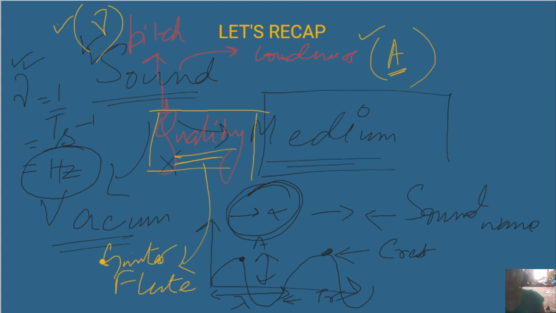The same can be the case when you use two guitars, even if they are identical, the sounds coming through them will always be different. So that was how we defined quality.